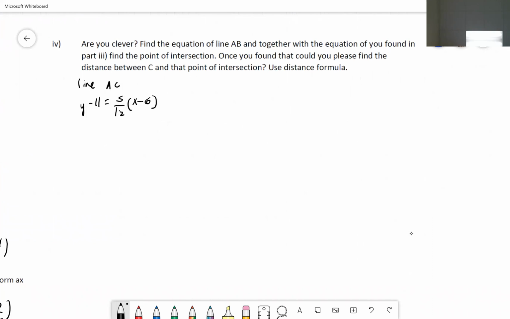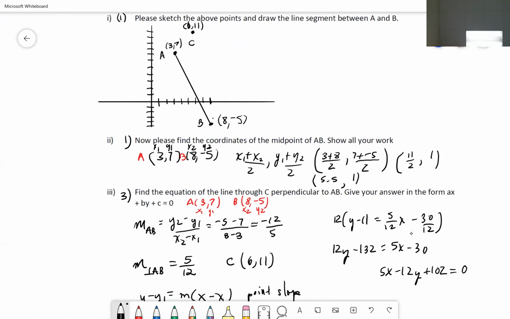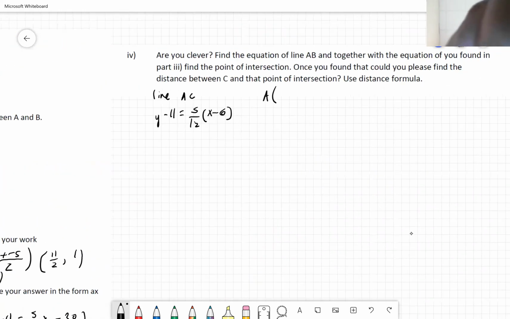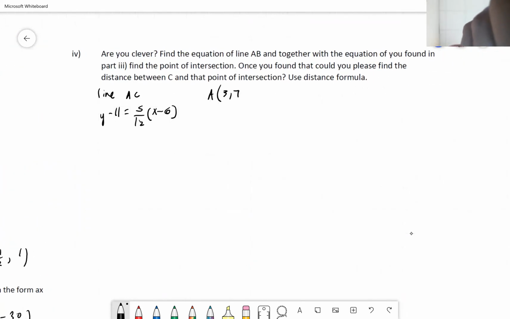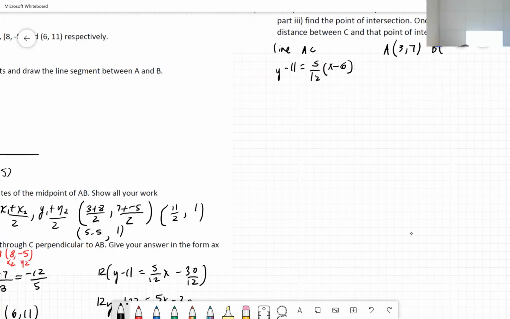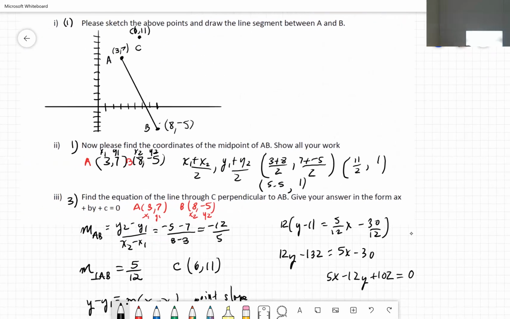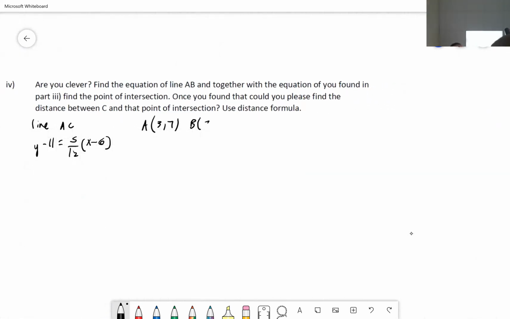So that's line AC. Now for point A, I have (3, 7). And for point B, you have (8, negative 5). So I'm going to have to find line AB.